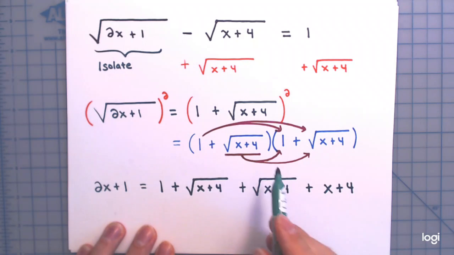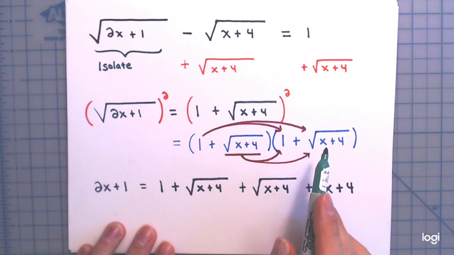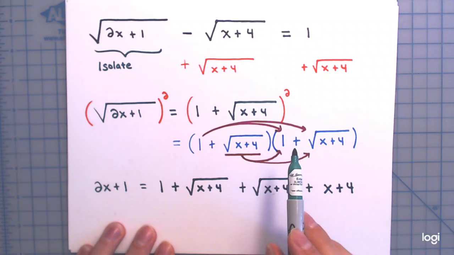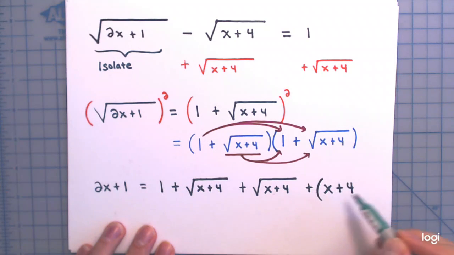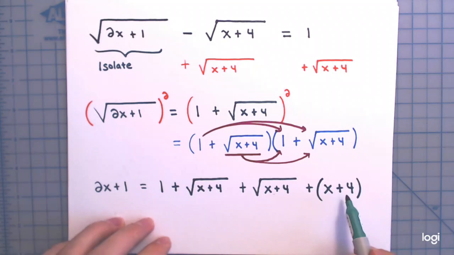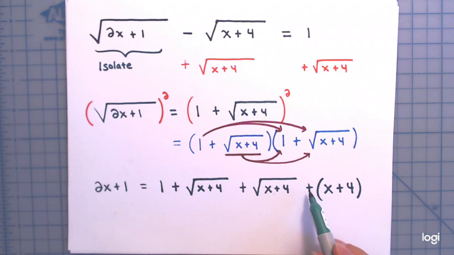They both have pluses in front of them, so it's positive. You can put parentheses around it if you want, but you don't need to because it's positive. If it were negative, I'd keep the parentheses so we could distribute the negative.